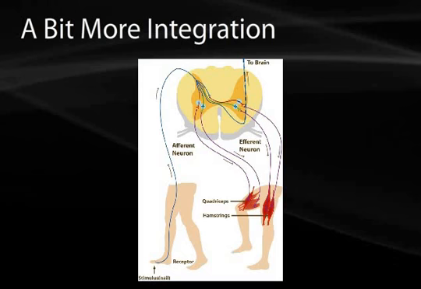These crossing fibers will cause the extensor muscles, so the quadricep muscles of the contralateral side, to activate, and conversely will cause the flexor muscles of the knee to be inhibited in order to allow stability to occur while you escape the noxious stimulus.